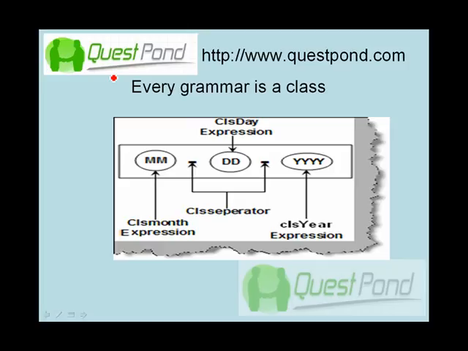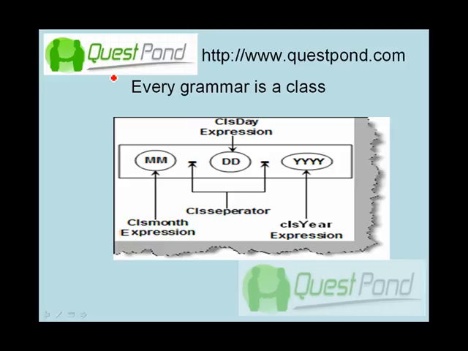The first important thing when we start designing the grammar solution in the interpreter is to identify the self-contained logical grammar elements. For example, month is a self-contained logical grammar element. The hyphen, or the separators of the date elements, are self-contained grammar elements.